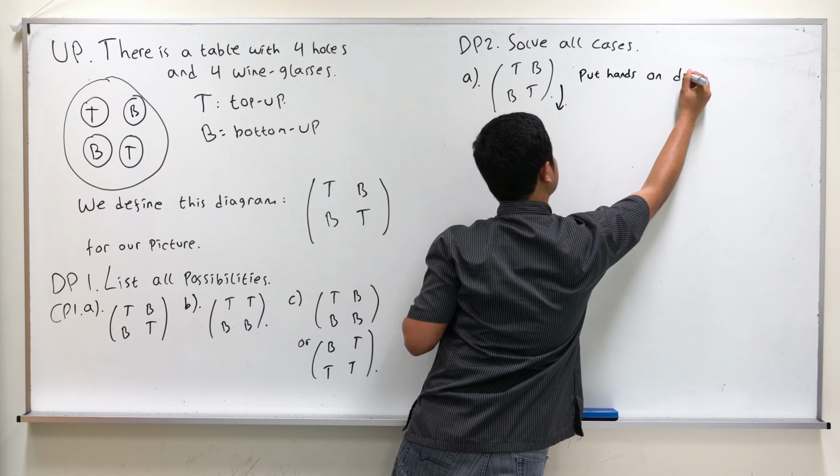So for example, if I get this diagonal TT, then I flip, I have BB. Okay. So I have BB, BB. Okay, I solve the first problem. If I get this one, I flip TT, so I get TT, TT. Okay, done. So we solve this case.